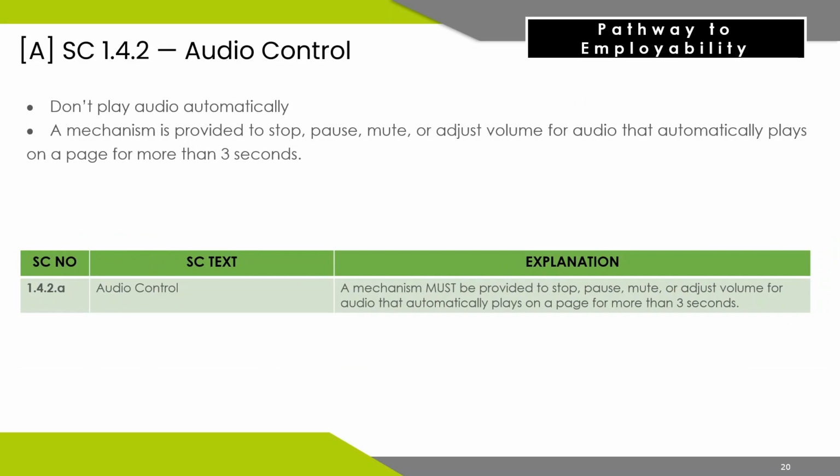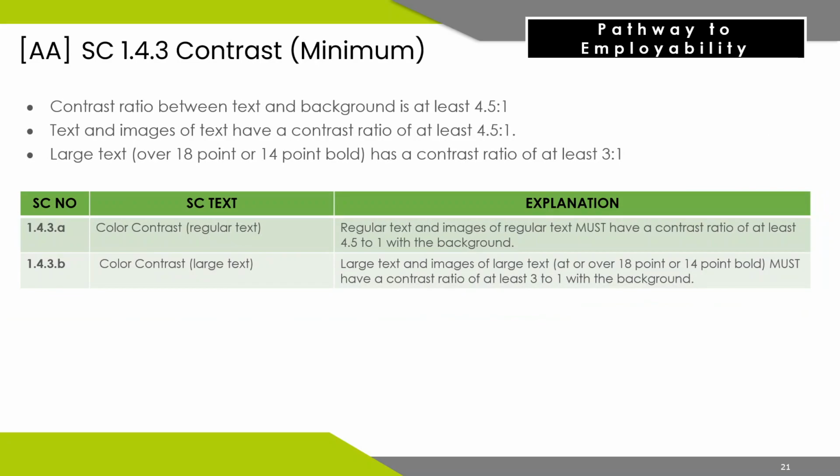The requirements for success criterion 1.4.2 Audio control are 1.4.2.a Audio control. A mechanism must be provided to stop, pause, mute, or adjust volume for audio that automatically plays on a page for more than 3 seconds. The requirements for success criterion 1.4.3 Contrast, minimum, are 1.4.3.a Color contrast, regular text.